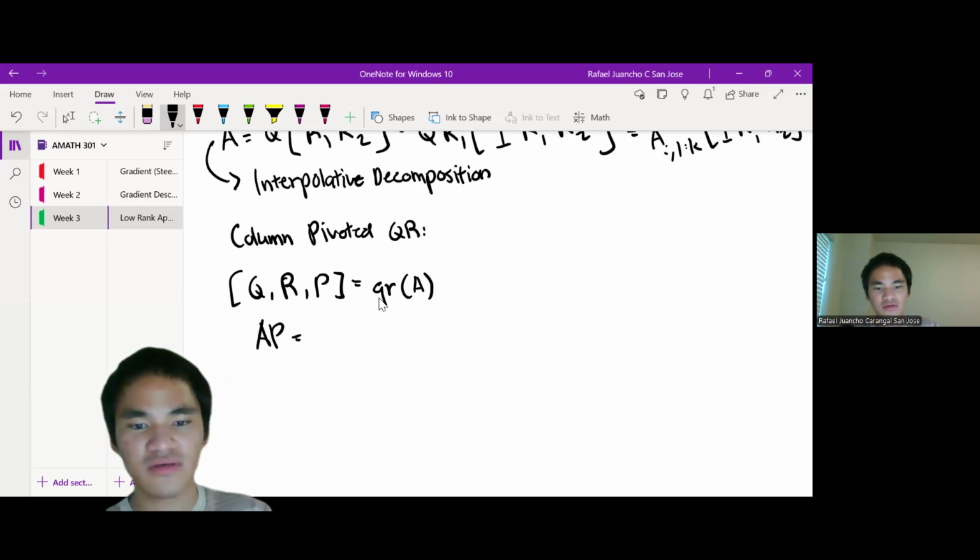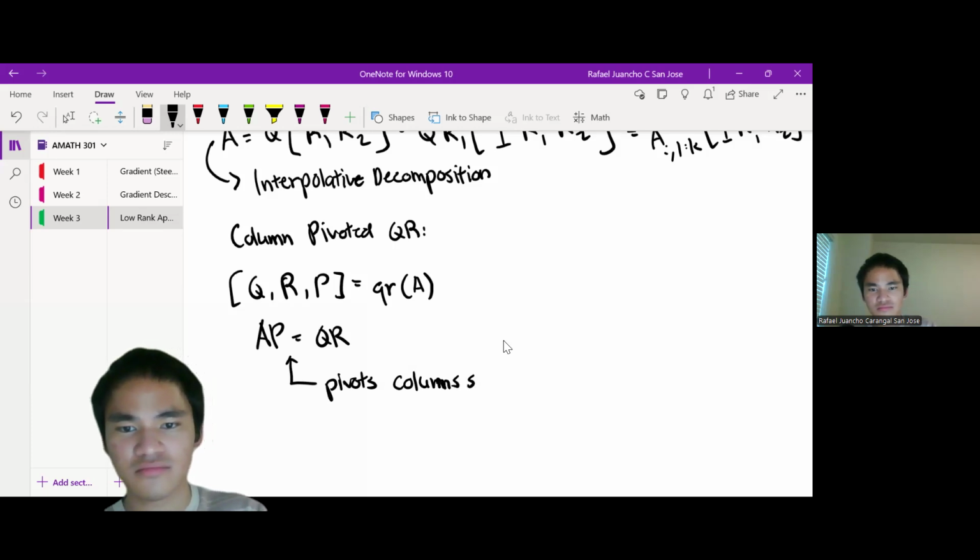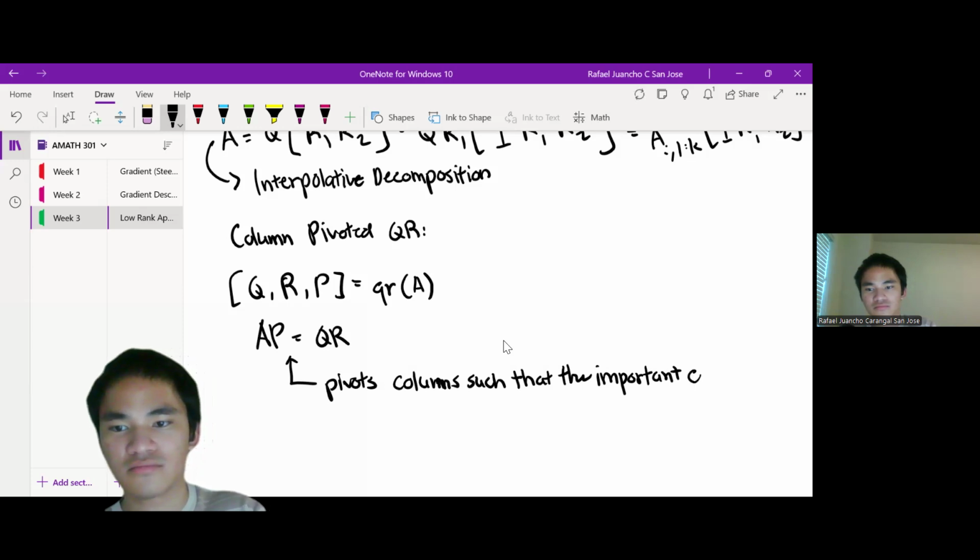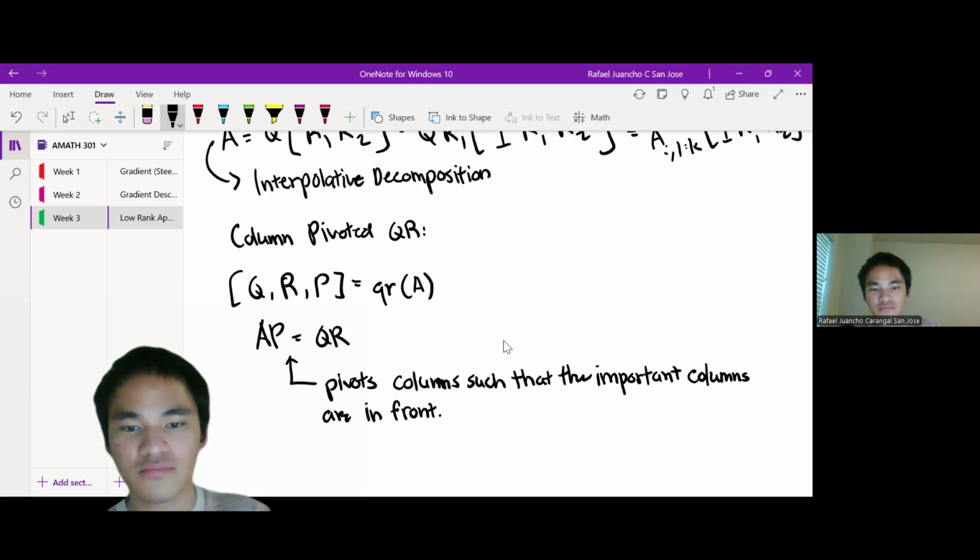So that's A P equals Q R. And this basically pivots columns such that the important columns are in front. Right?